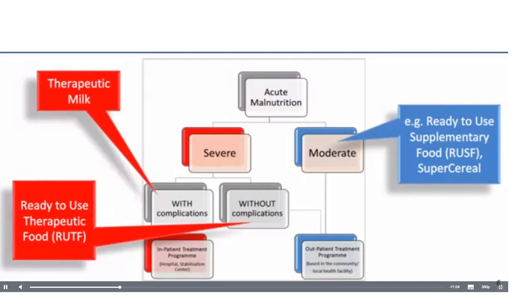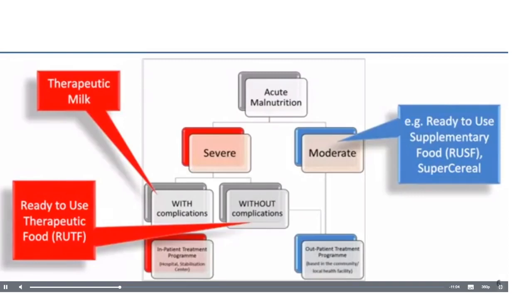In case of moderate malnutrition, of course we have to treat diseases if we find them, but we also need to give patients supplementary food. The World Health Organization, through its international programs, usually gives countries special ready-to-use supplementary food.